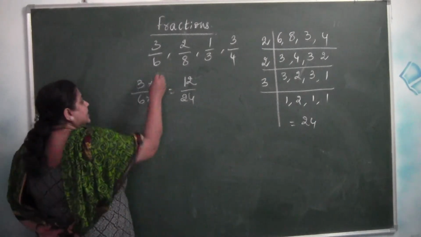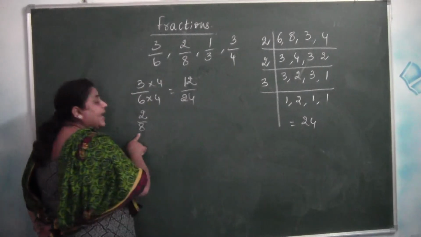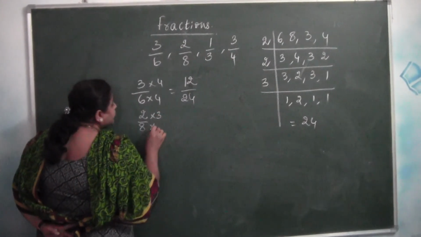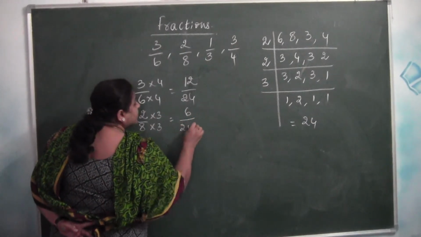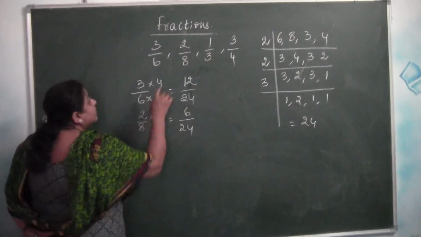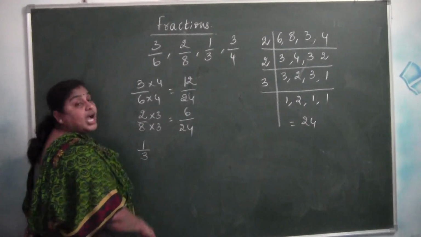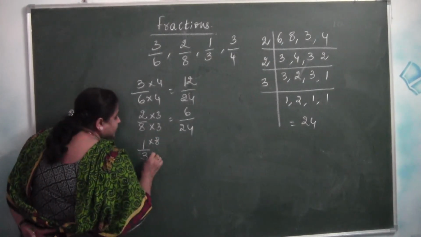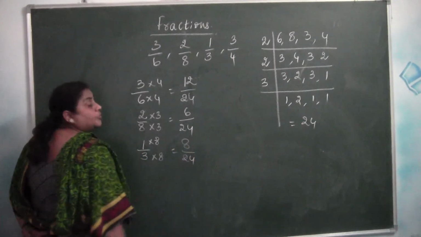Now let us take the other fraction 2/8. Now 24 in 8, how many times? 3 times. Into 3 into 3. 2 3s are 6, 8 3s are 24. Next, the third fraction 1/3. 24 in 3, how many times? 8 times. 1 into 8, 3 into 8, that is 8/24.